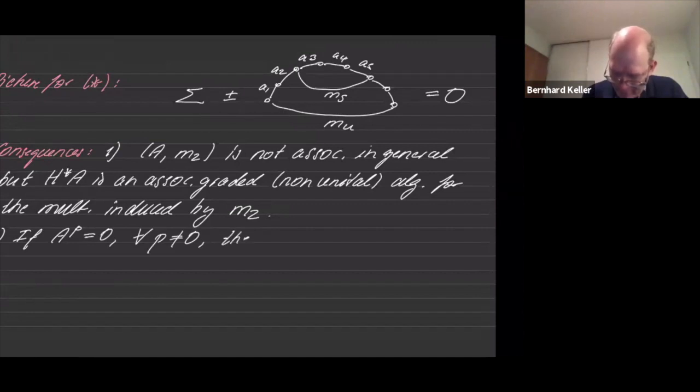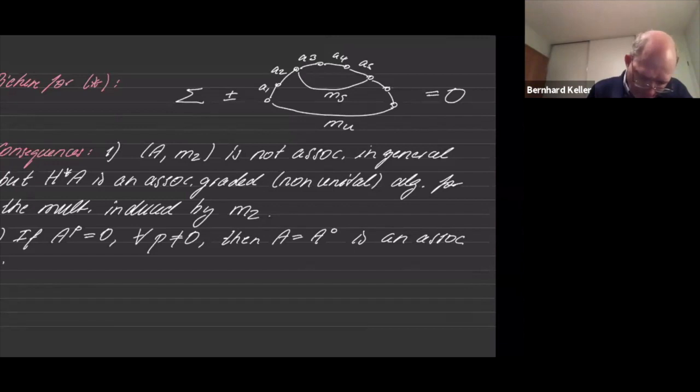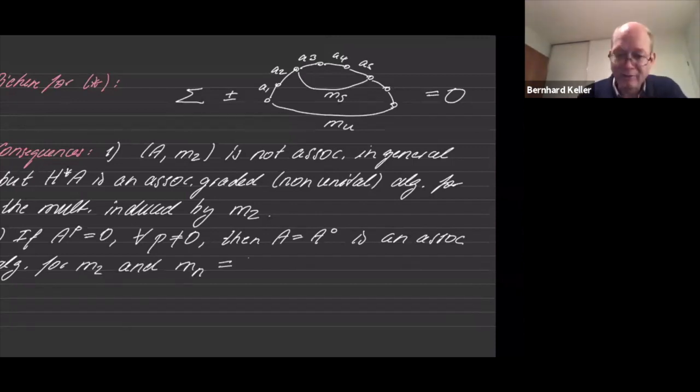A equals A0 is an associative algebra for M2, because the higher Mn have to vanish for degree reasons, all except 2, because this Mn is of degree 2 minus n.